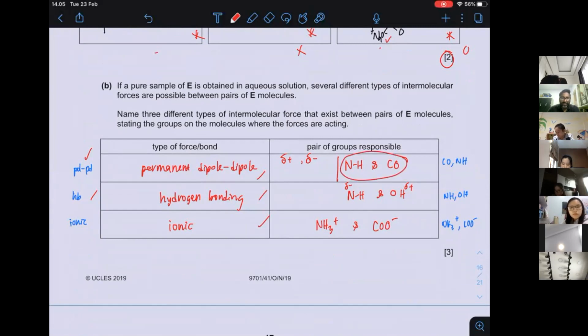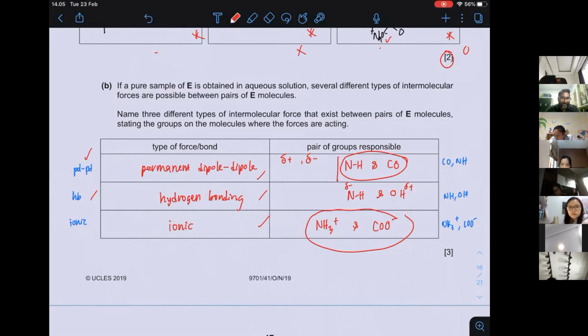If you just say ammonium NH3 plus alone, it's not enough. You need to mention the NH3 plus and COO minus.